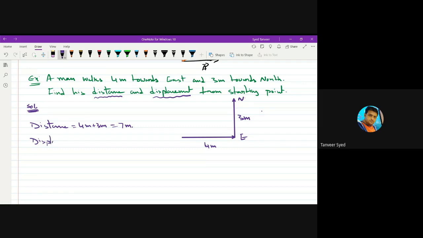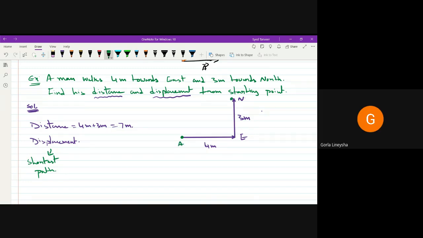Displacement might be a new term for some of you. Displacement in simple words means shortest path. Shortest path between initial and final positions. What is his initial position? He started from here. Let us say A. What is his final position?